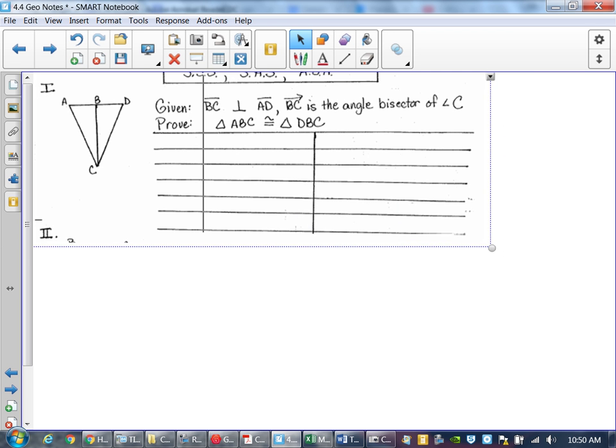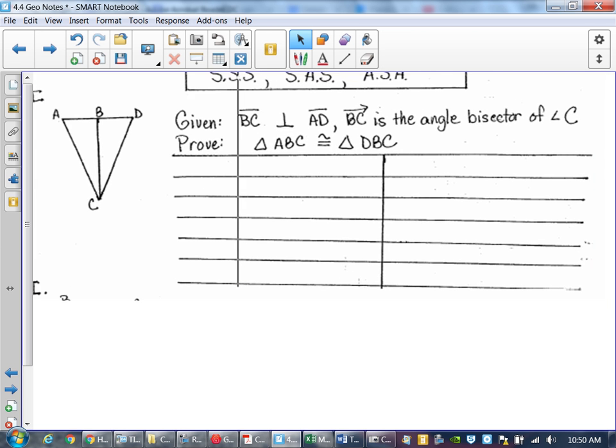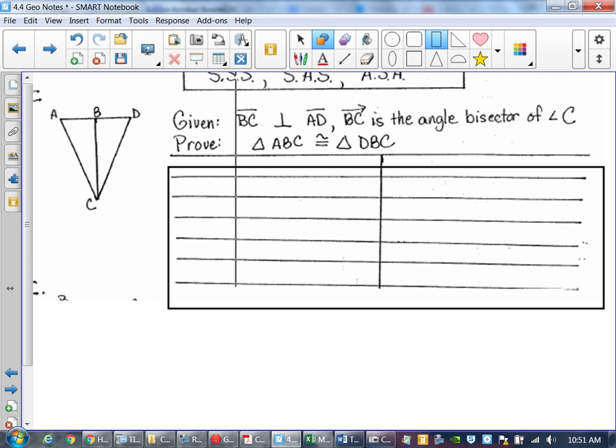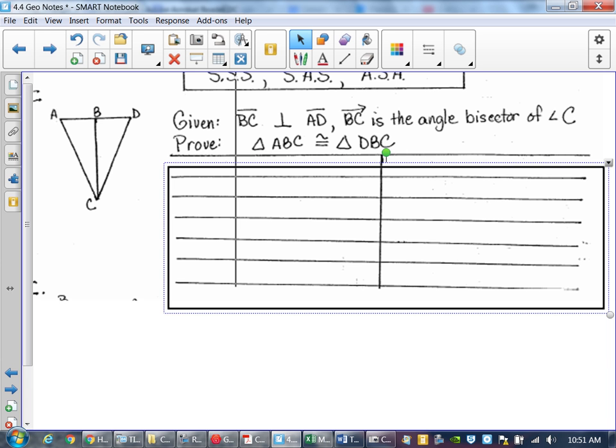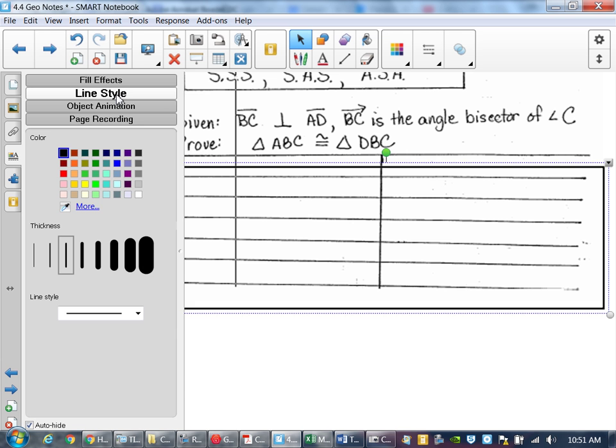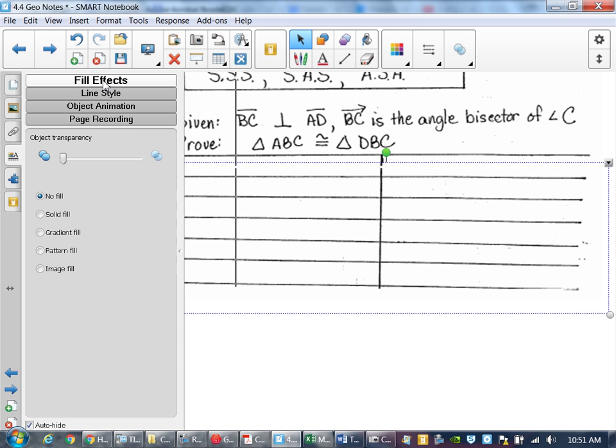Now, one of the things I want you guys to see is that this worksheet has been around since well before I started working here. So it's been around for at least 10, 11 years. But has geometry or math really changed a whole lot? No. The other thing I want to show you is that on this sheet, throughout all of it, they have all of these lines. Do you need to use all of them? No. Do you have to use more than what's there sometimes? Sure. But it's not that big of a deal.